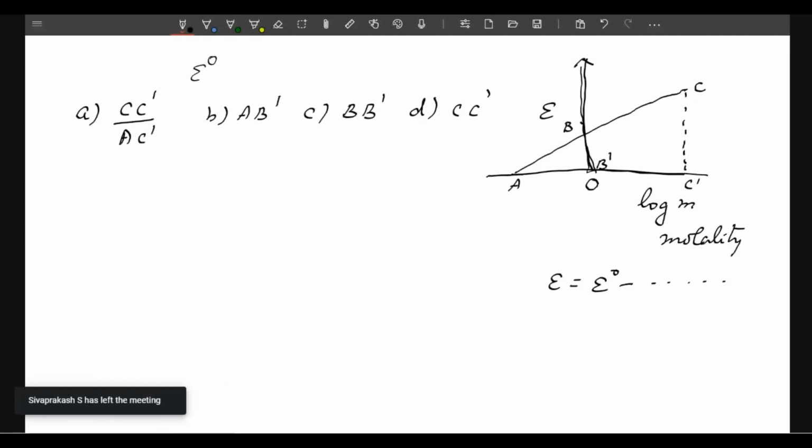Therefore, epsilon naught will be that E value at which log of m is equal to 0. Therefore, what is the correct answer? C. The B prime is nothing but epsilon naught. Therefore, this is the correct answer. This is the question already asked.